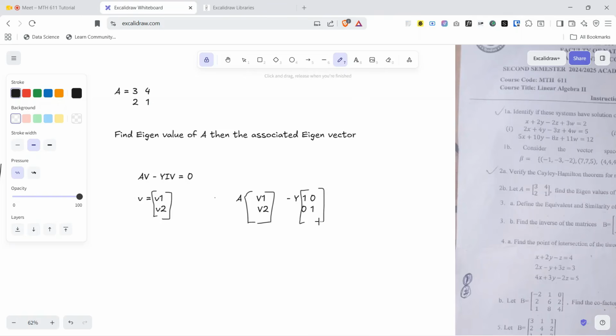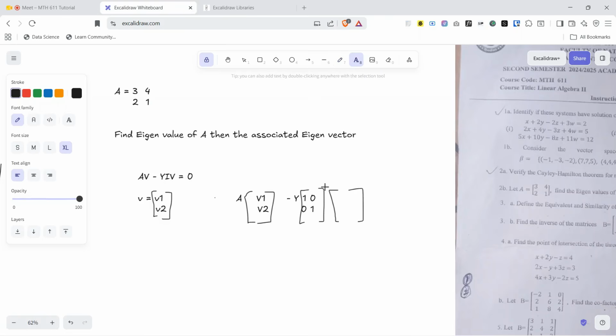Then V1, V2 equals 0, so 0 represents the zero matrix, 0, 0.